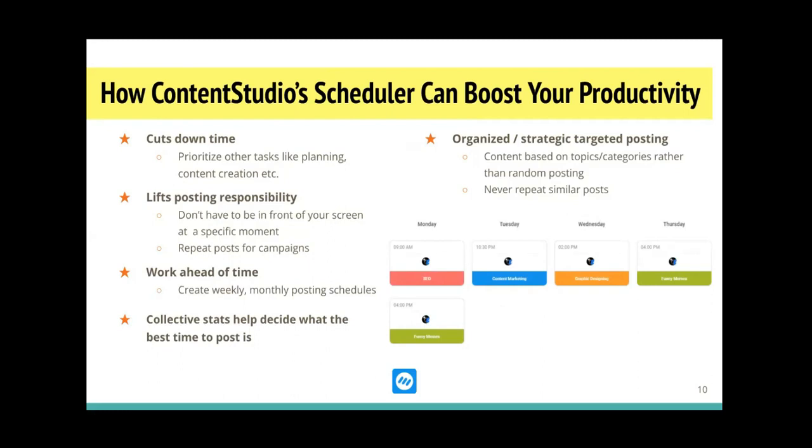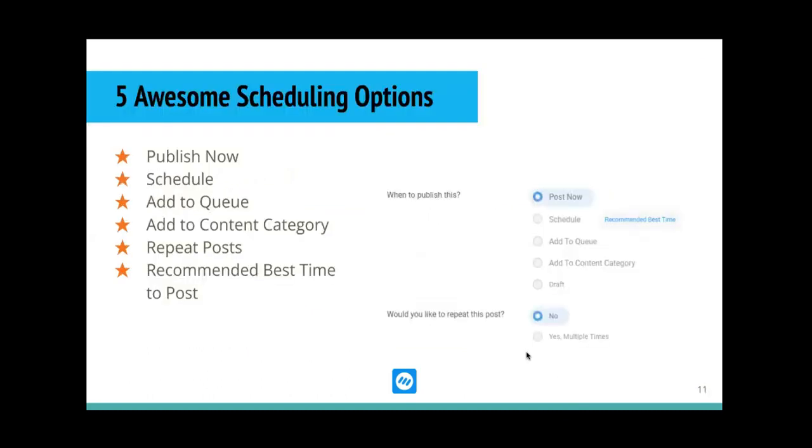Then we've got graphic designing posts on Wednesday. And then we've got funny memes on Thursdays and Mondays. So you don't have to worry about posting similar posts because everything has been so seamlessly handled for you. And it gives you a very nice overview of the calendar as well. When you look at it, you know exactly what's going out when.